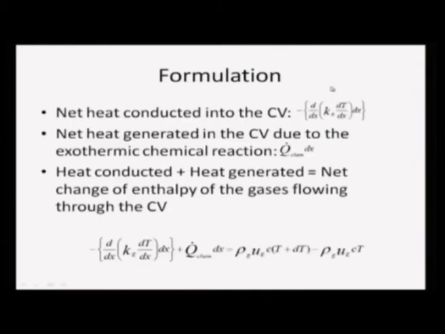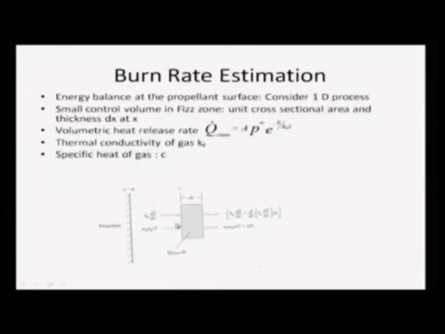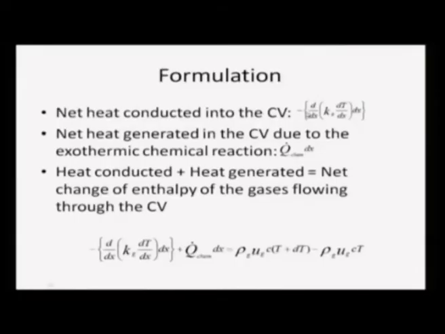Therefore, the rate of conduction of heat will be given by the double derivative of that. Now, you can derive it also. If I go back here, on the left surface the conduction is given by minus kg dT/dx, and what is leaving is this amount, that is this plus a slight increase, right. The difference of these two is the net rate of heat conduction into the control volume. So, that is given by this term.